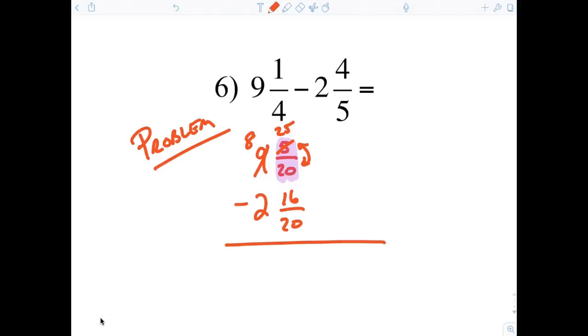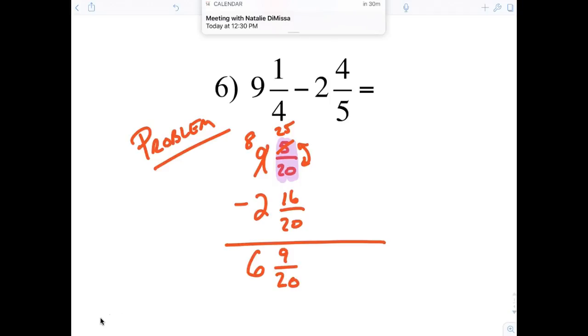When you're doing your subtraction, if you need to borrow, you add the numerator and the denominator. Now we can go ahead and do the subtraction. What's 8 minus 2? 6. What's 25 minus 16? 9. So we have 6 and 9/20ths.